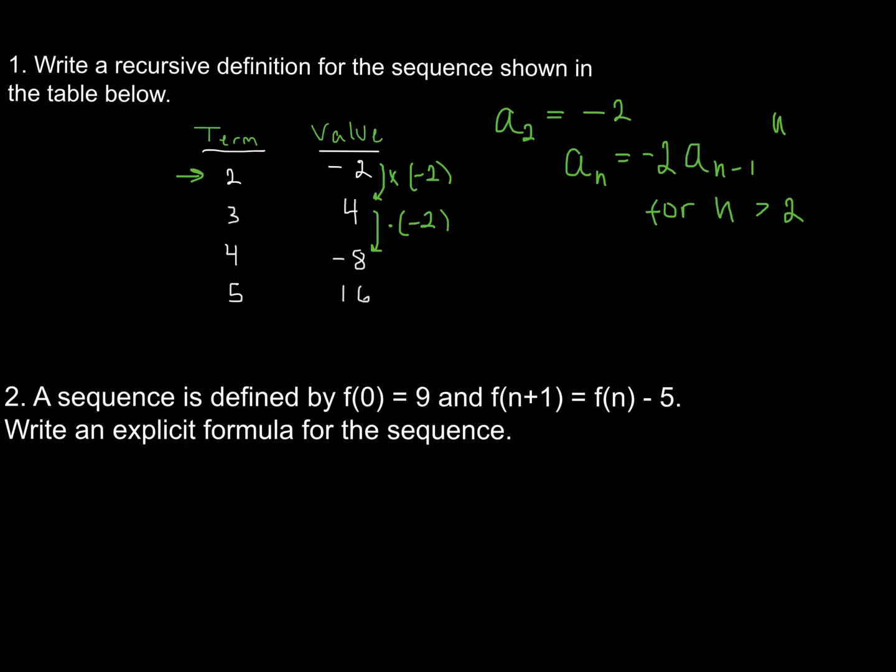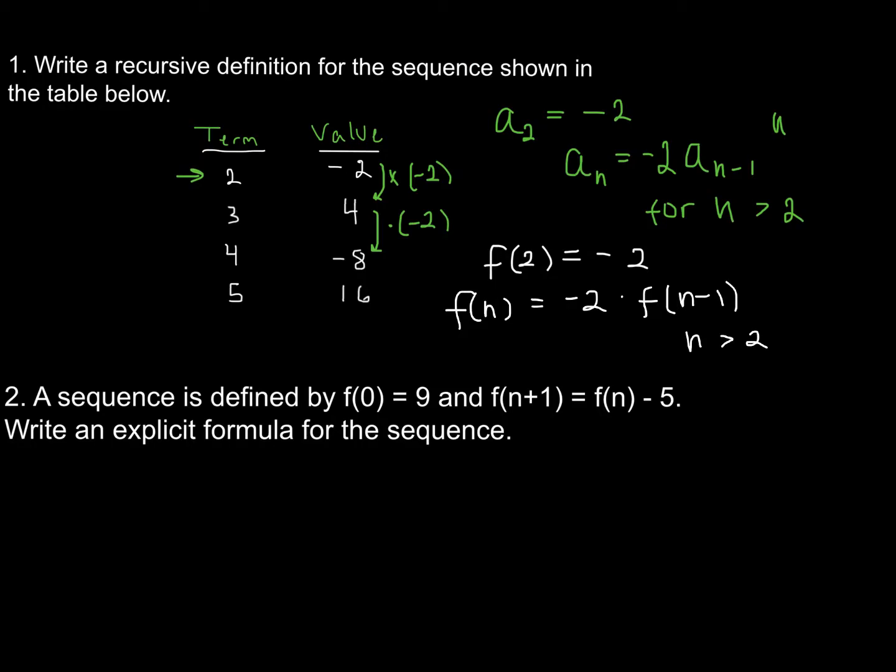And of course I could use regular function notation, so I could say f of 2 is equal to -2, and f of n is -2 times the previous term, which is f of n minus 1. And this is for n greater than 2.